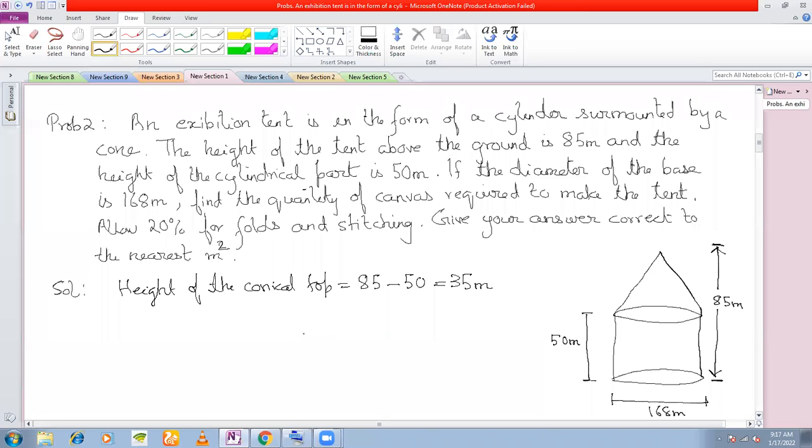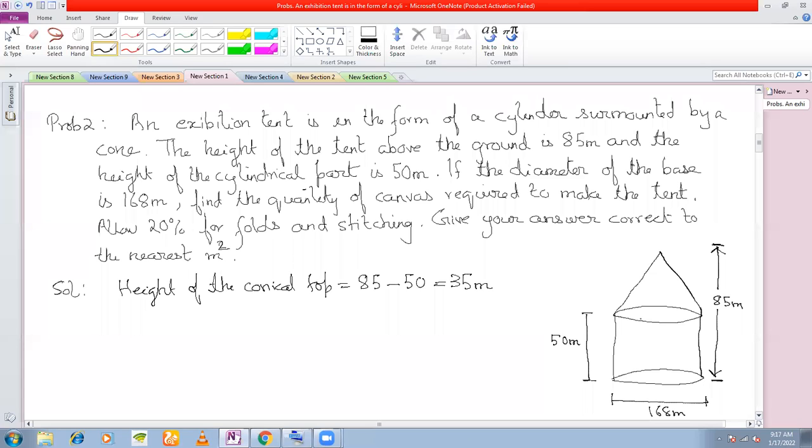Okay, and now they have asked you to find out the quantity of fabric required, and area of the fabric that is required. So how much area will be required? First of all, we will not canvas the floor part of the tent. We'll only canvas the curved surface part of the cylinder, right? And we'll canvas the curved surface part of the conical part. Agreed?